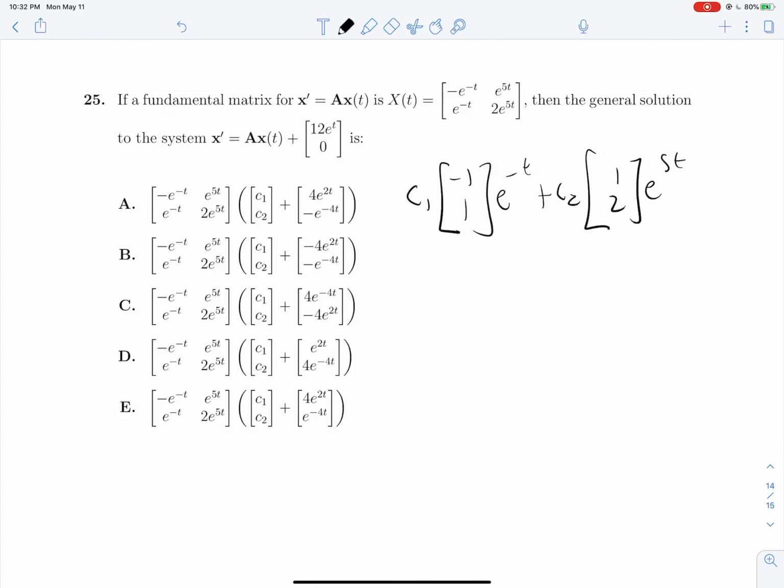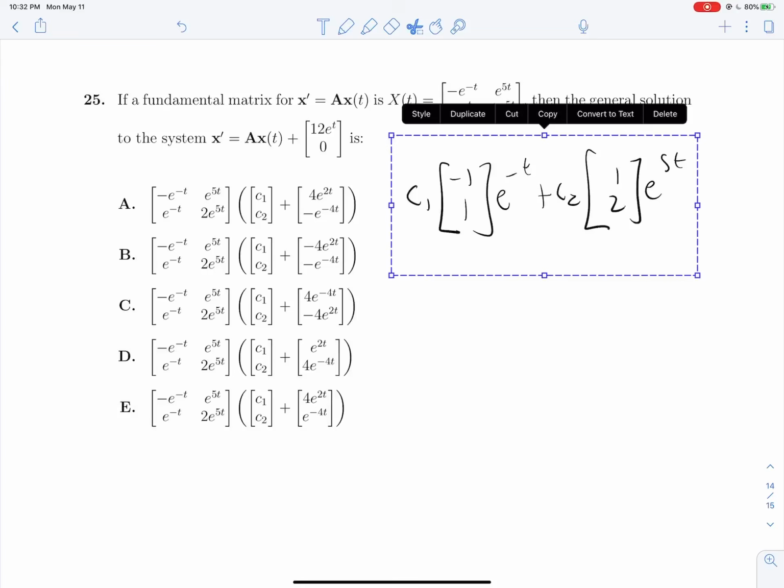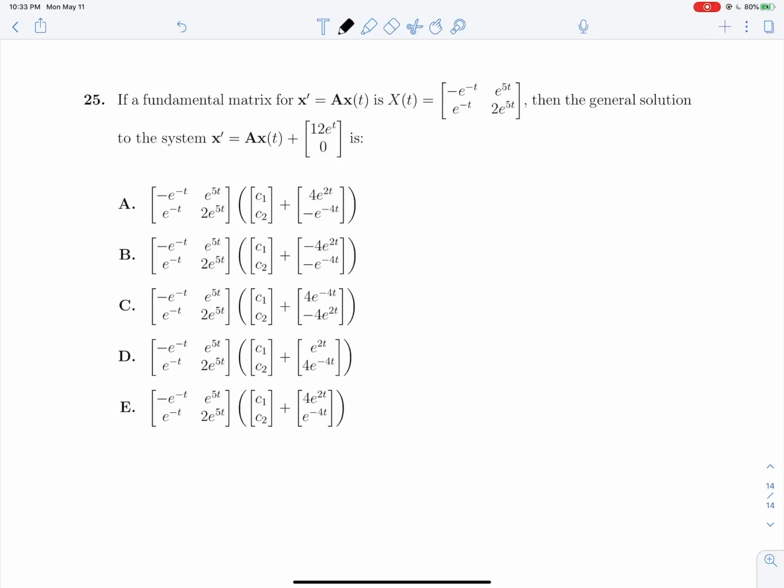That's just the form of a solution to the homogeneous system that we're used to here. So we are expecting exactly what we see in the first half of all of these answer choices, where we have our fundamental matrix multiplied by C1 and C2 as a vector.